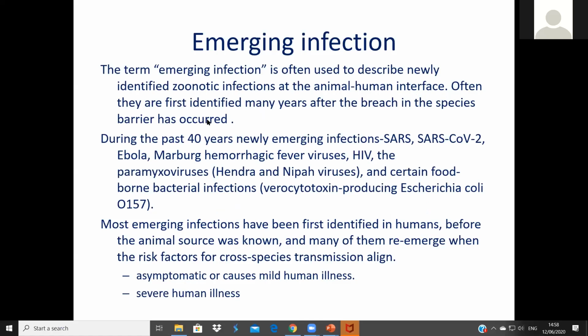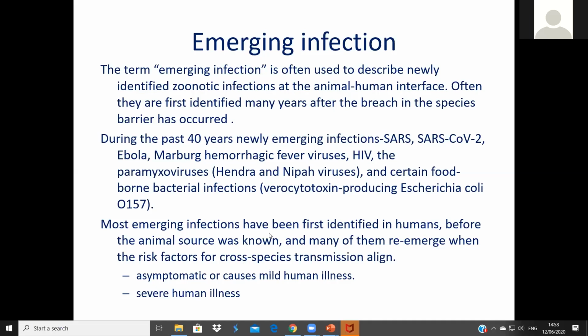Often they are first identified many years after the breach in species barrier had occurred. The same has happened with SARS coronavirus 2. During the past 40 years, newly emerging infections like SARS coronavirus 2, Ebola, Marburg hemorrhagic fever, HIV, Hendra, Nipah, we talked about them, and certain foodborne bacterial diseases have come like this.